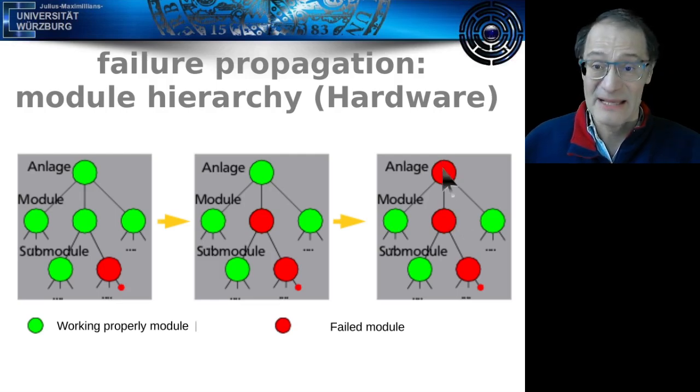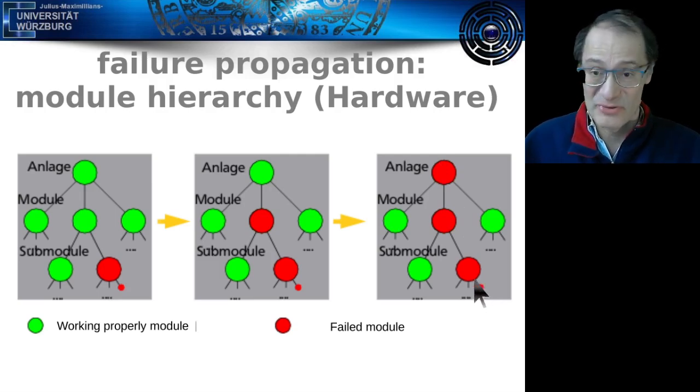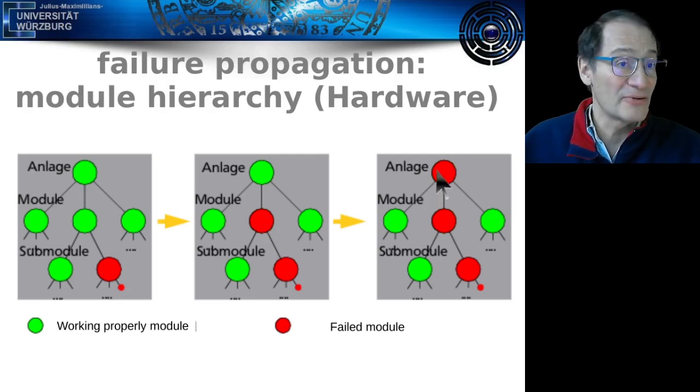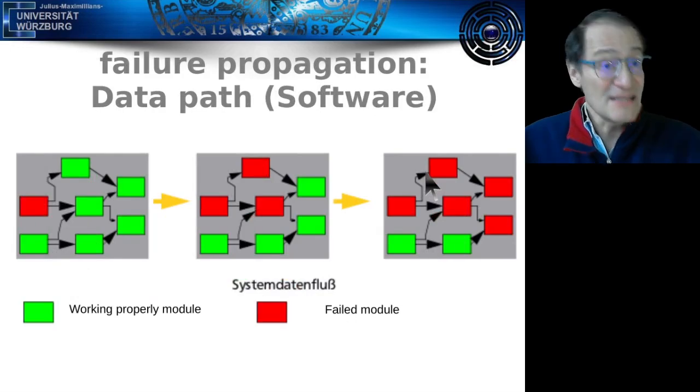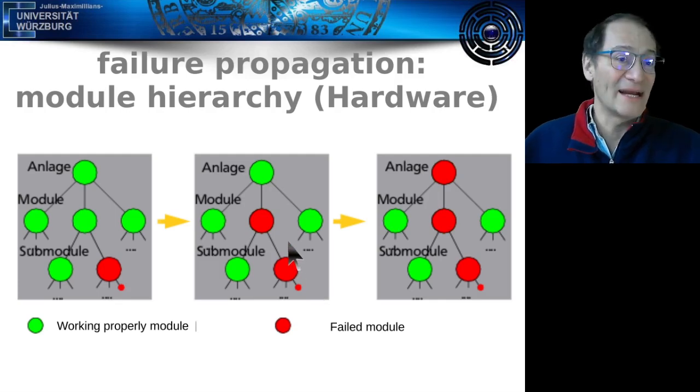So the whole aeroplane can fail because a small screw breaks somewhere in a submodule. So we have this failure propagation from small fault to the failure of this submodule, to the failure of this module, to the failure of the complete system. Okay, this is when we are talking about hardware or mechanical components.